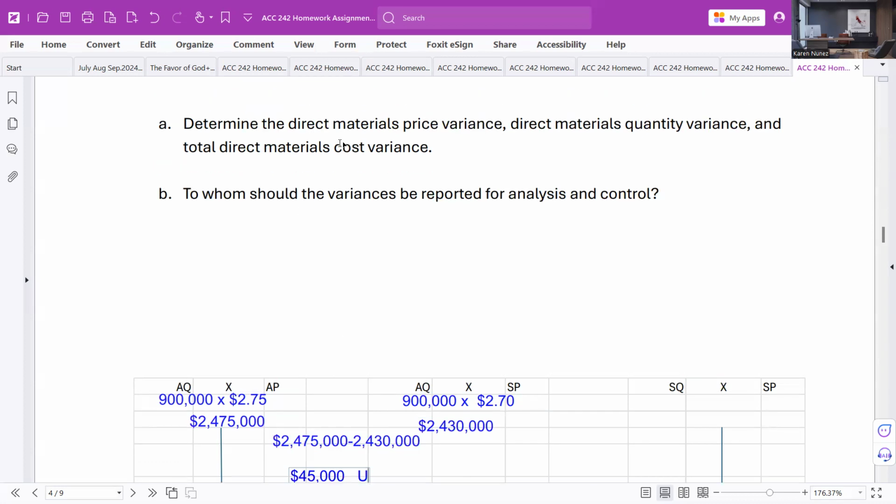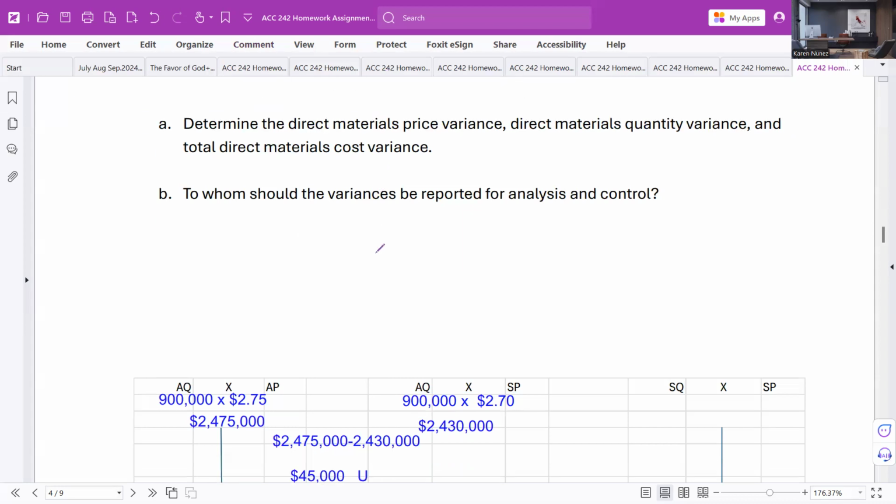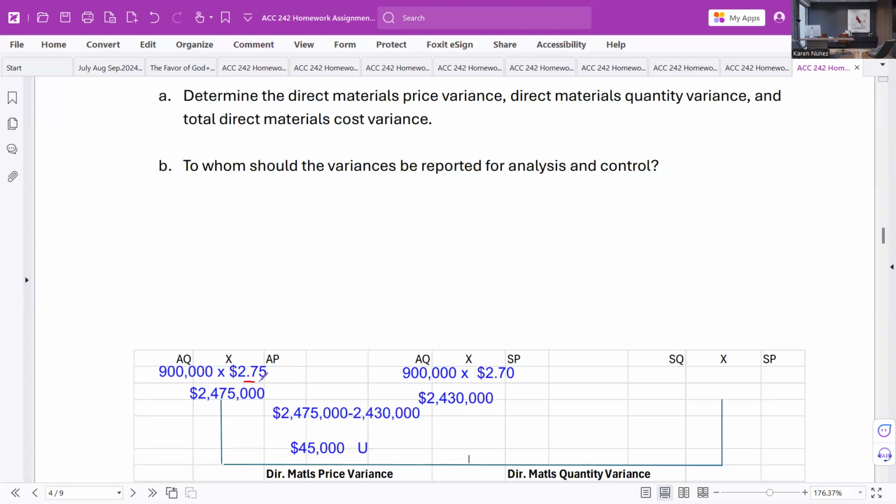Again, it's unfavorable. Why? Well, it's unfavorable because we spent too much. We spent $275 on the materials. The budget only allows for a standard price of $270, hence an unfavorable price variance. Spent too much on those materials. Spent 5 cents more per pound on those materials than we should have.